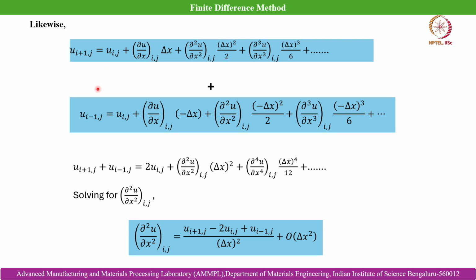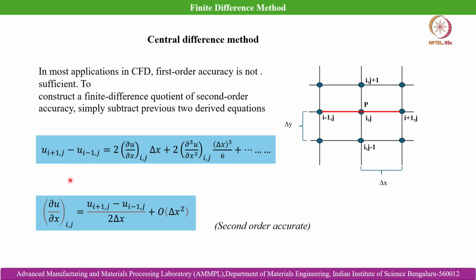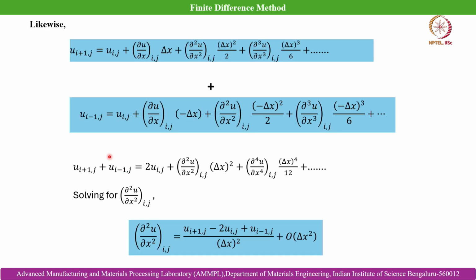Now, like in case of the first derivative, we deducted u i minus 1 j from u i plus 1 j to achieve the value of the first derivative. Now, we are doing the addition of u i plus 1 j plus u i minus 1 j. So, you can see the resultant expression which comes from the above two equations is like this.